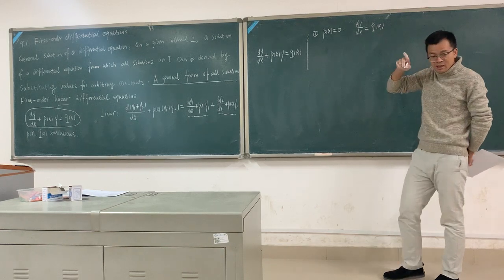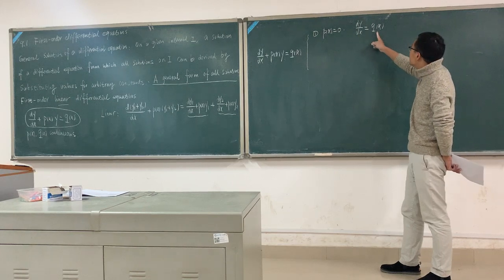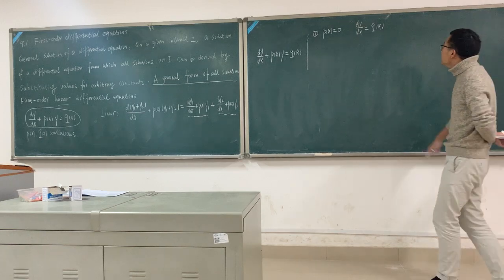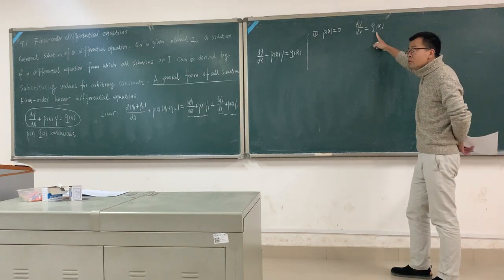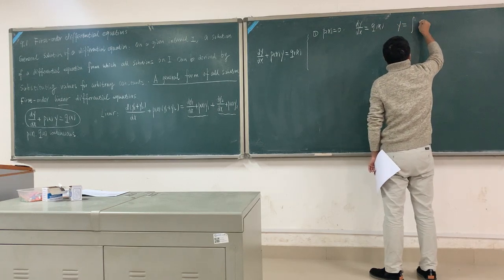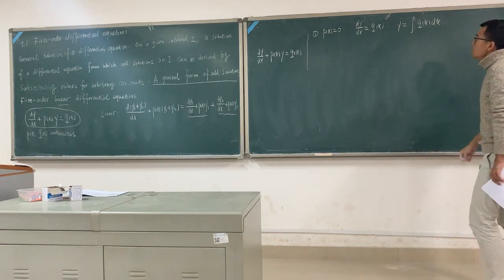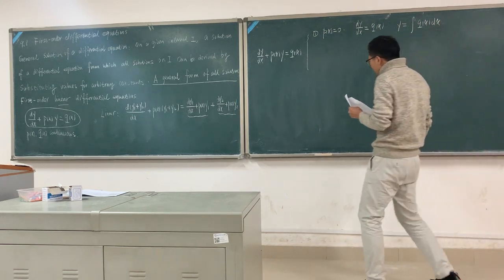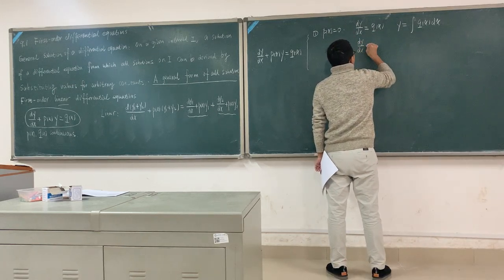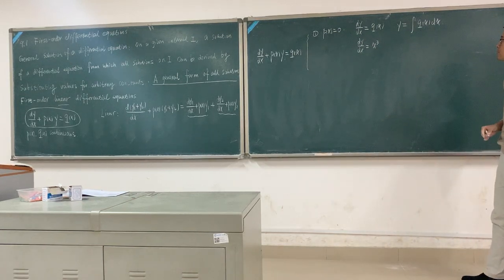dy/dx means we need to find a function such that the derivative of the function equals q(x). So the function actually is the antiderivative of q(x). So the solution of this equation is y equal to the antiderivative of q(x). For example, dy/dx equal to x cubed.